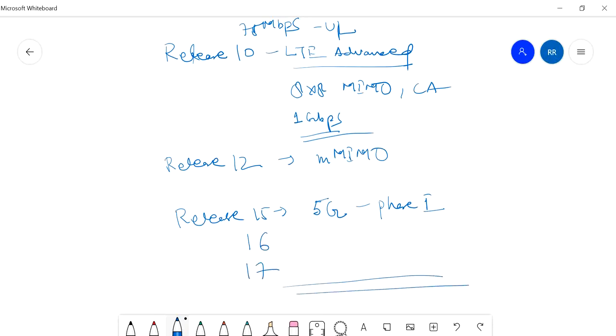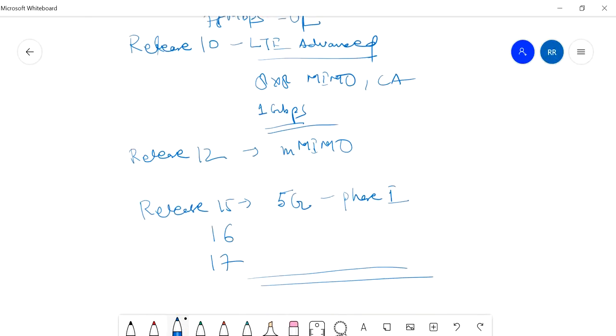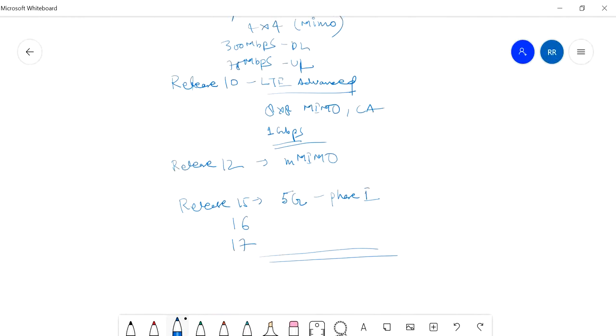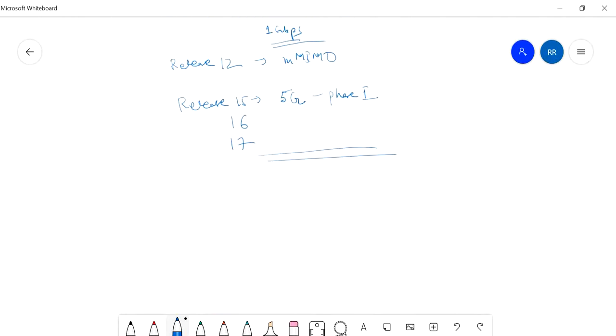So this is a broad view of how the evolution of mobile telephony happened.